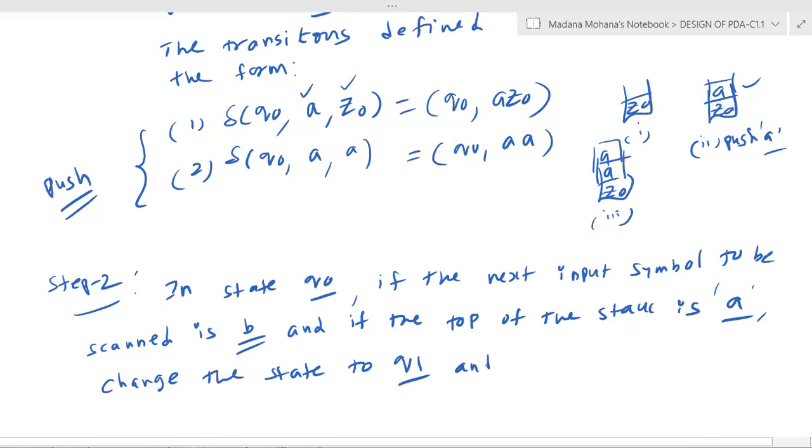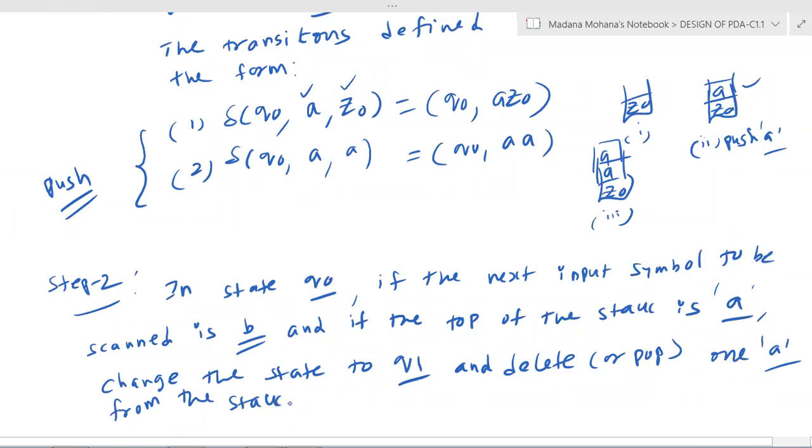And what do you have to do? You have to delete or pop 1A from the stack.